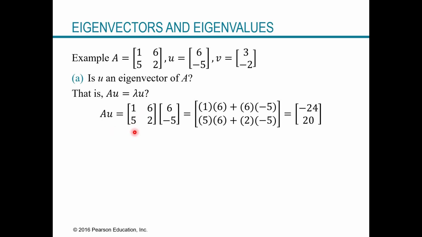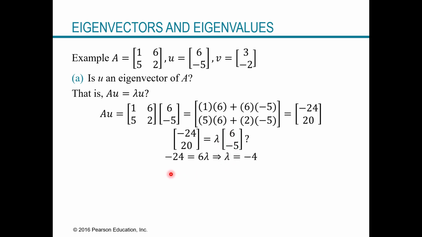A times u: here's A, here's u, and we just do our matrix multiplication. Remember, row 1 times column 1 is in this first spot. And then we end up with negative 24 and then 20. Now we want to ask, is this a multiple of the original vector u? So is this some lambda times (6, negative 5)?